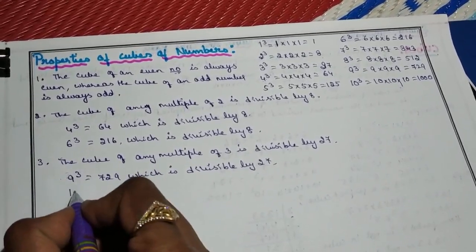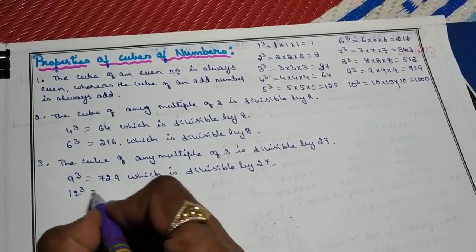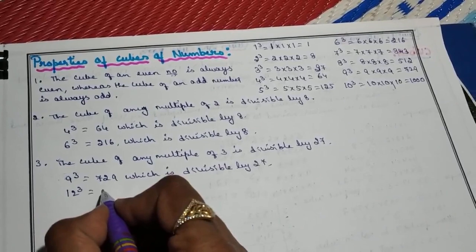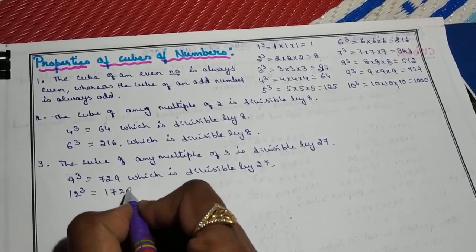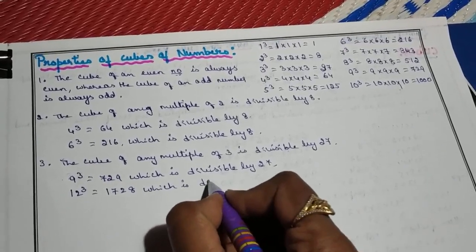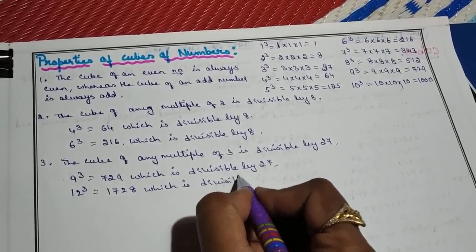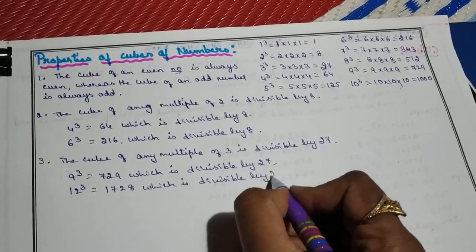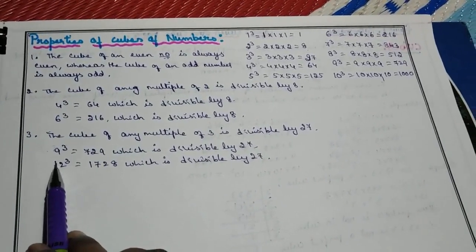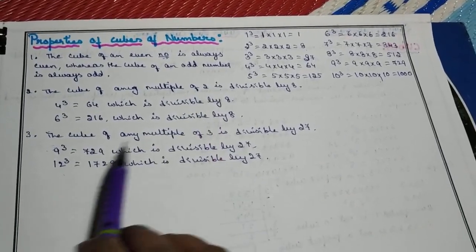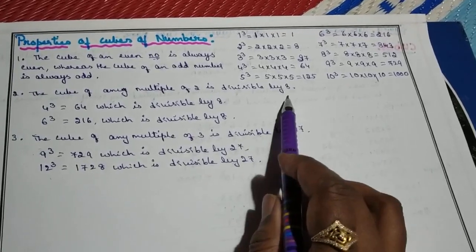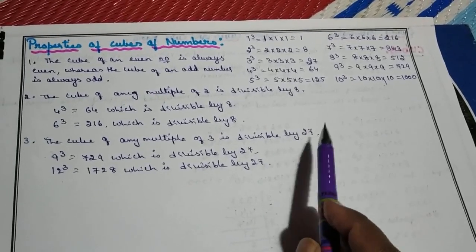Similarly, if I go with 12 cube, because 12 has a factor of 3, its answer is 1728, which is divisible by 27. And keep remember, children, 12 has the factor 2 and also the factor 3. Therefore, it is divisible by 8 and also it is divisible by 27.